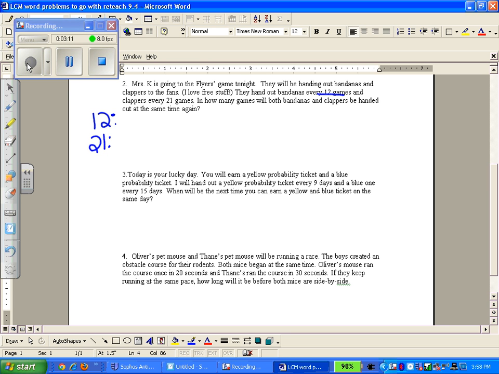So let's see what we have here. So 12, I'm going to write down the multiples, 24, 36, 48, and I'm going to do 21, 42, 84. Nothing in common yet, so I think I'm going to have to keep going with my 12.